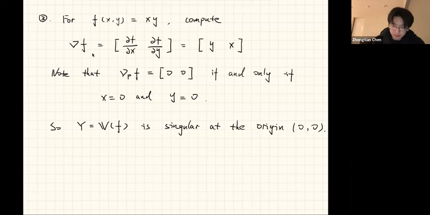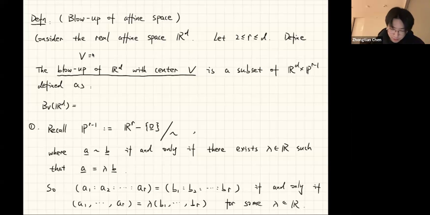Good, we have algebraic sets and singularities. Now we can start to introduce the main notion in this lecture: the blow up of an affine space. Again, we take a real affine space, the Euclidean space Rd, and we pick an integer r between 2 and d. Then we can define an algebraic set V, the vanishing set of these coordinate functions.